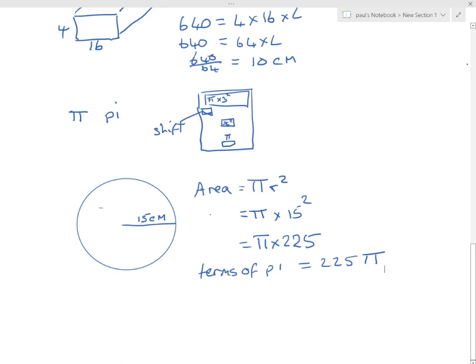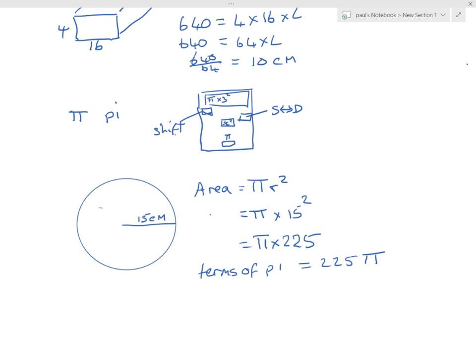Let's get the calculator. Bear with me. So we're going to go shift pi times 15 squared equals, and there is another button on here which is the SD button, and this changes from surds from 225 pi to a decimal.